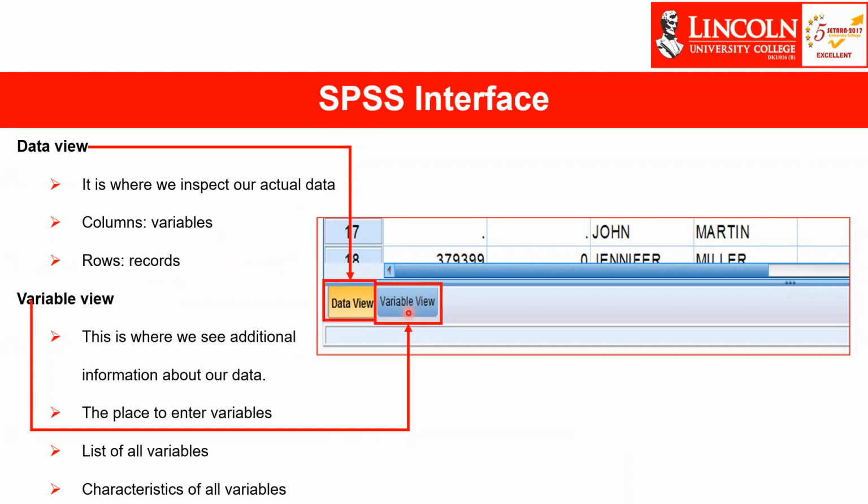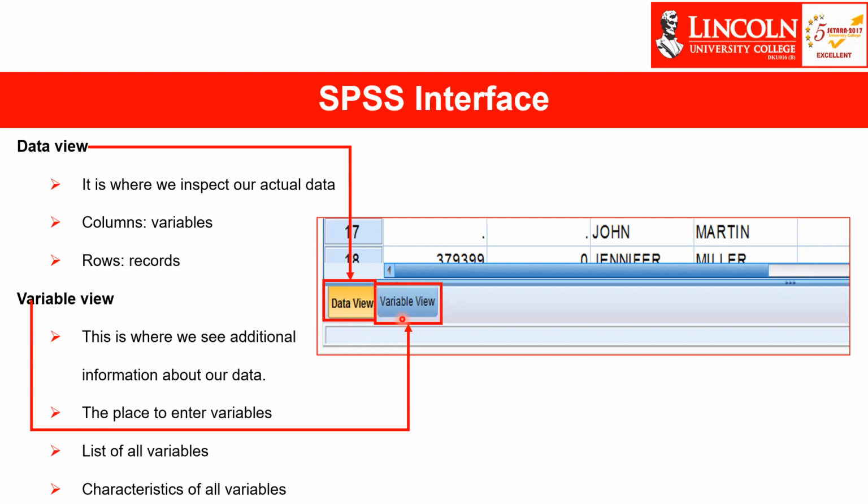Now, the second button is variable view. This is where we see additional information about our data. This is where you know what type of data you are dealing with, what type of value a particular variable will take.